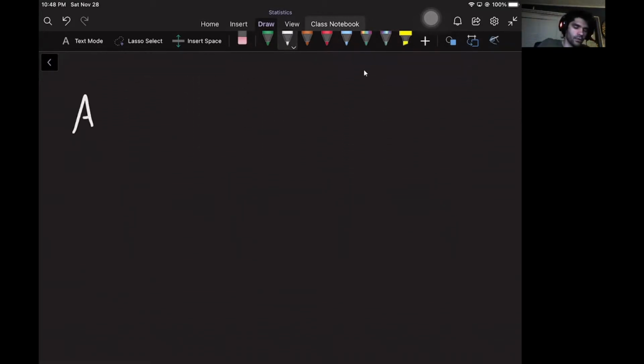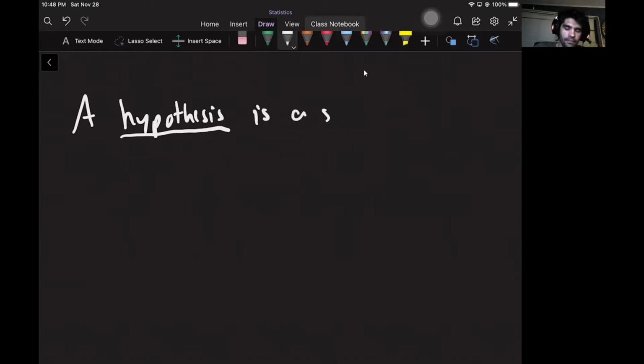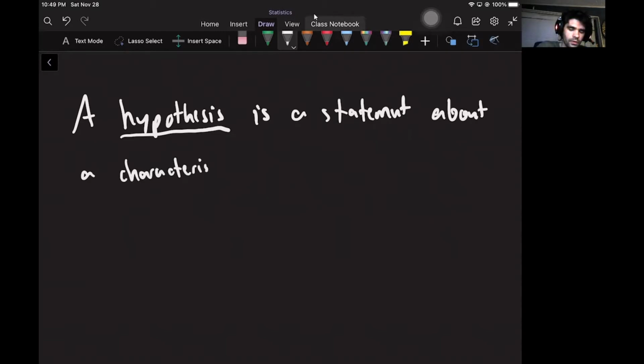So the first thing to learn about is what a hypothesis is. So you've probably heard this word in science classes, but in this class, it's maybe a bit more specific. It's a statement about a characteristic of a population.